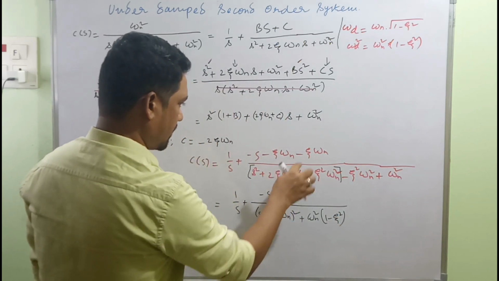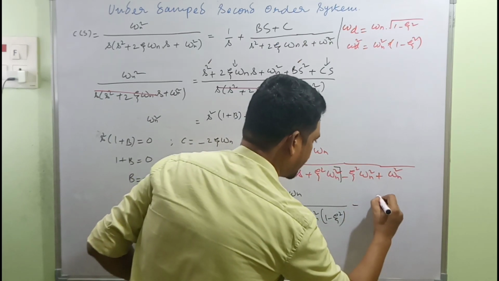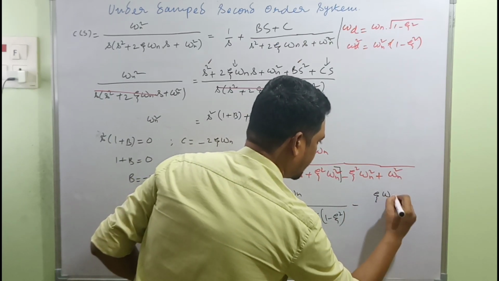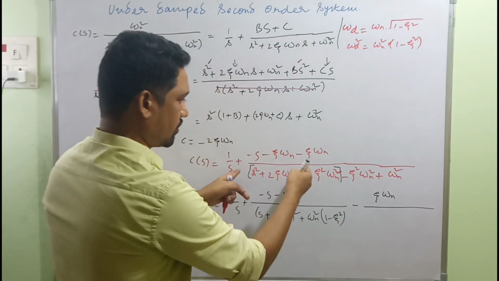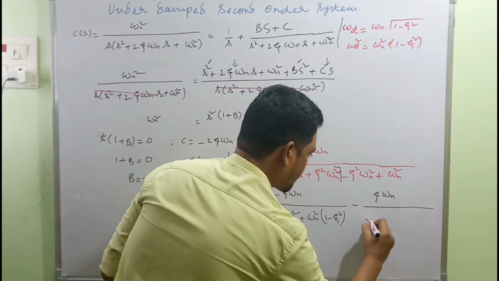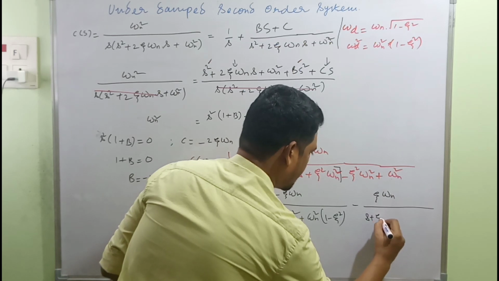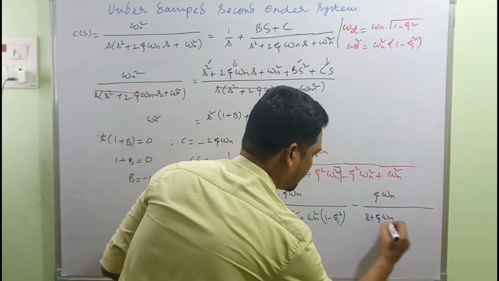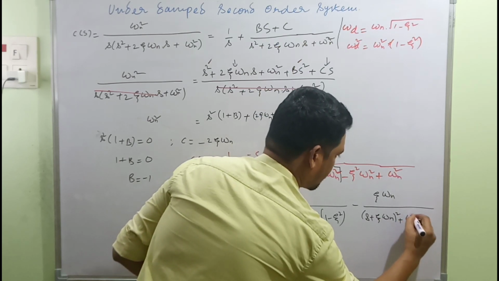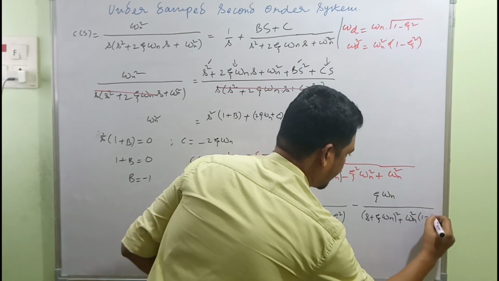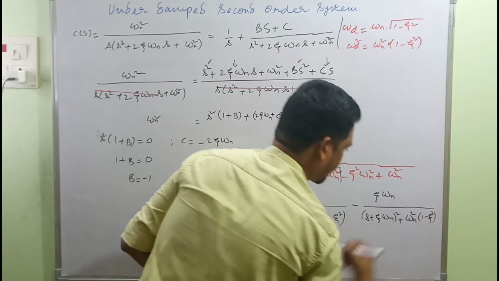So for this one, and for that it will be minus of zeta omega n as it is, and continuing this one, this same denominator comes for that even, right? S plus zeta omega n whole square plus omega n square into 1 minus zeta square, right?